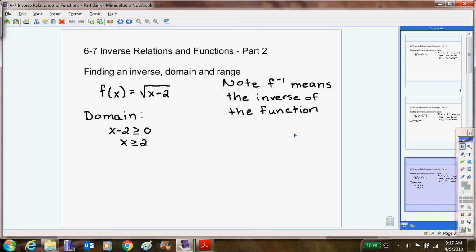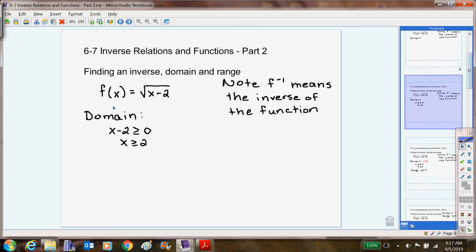Can anybody tell me about all of the possible y's that we might have, the range values? If you're taking a square root of a positive, what types of answers would you get?